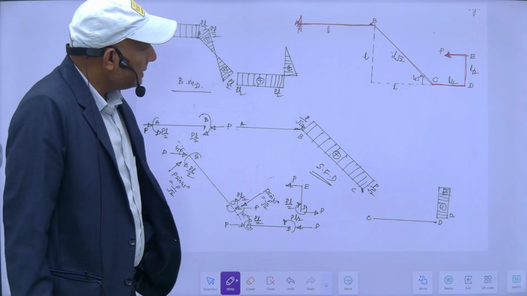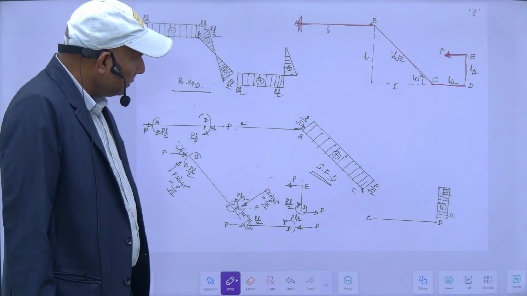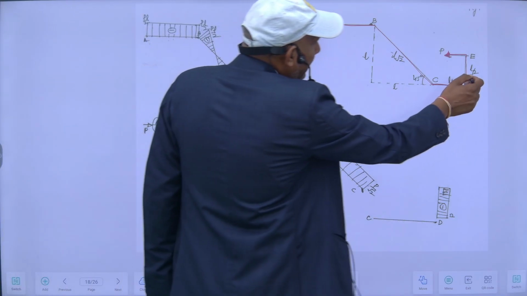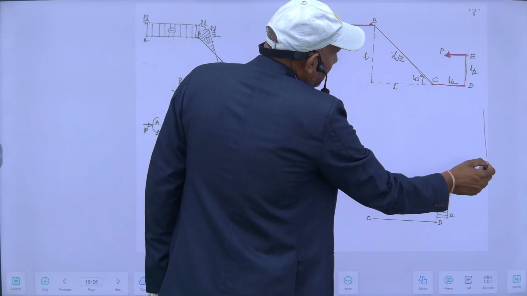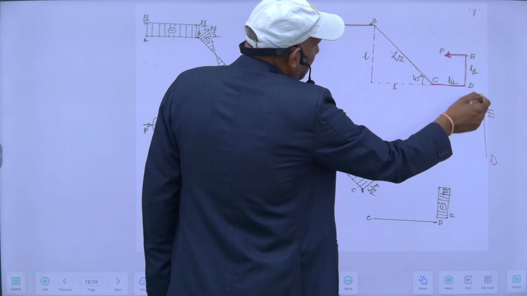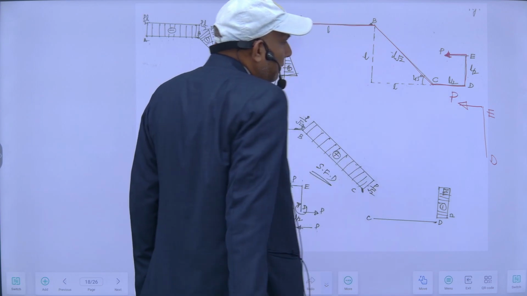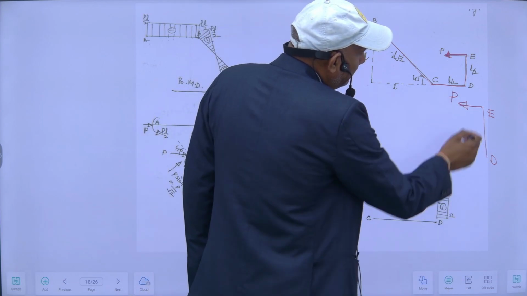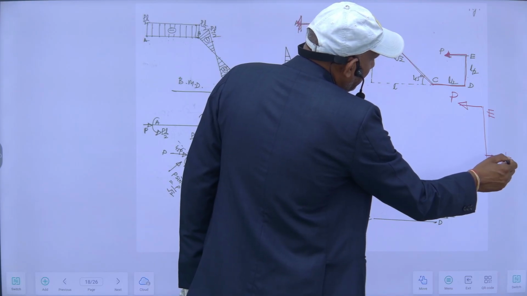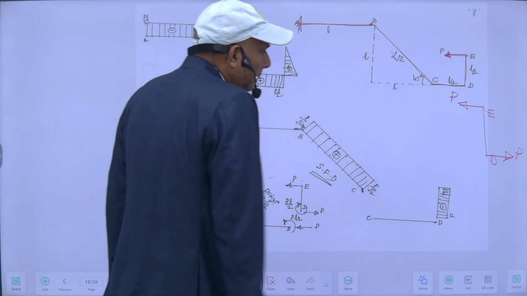So I can draw its free body diagram. Let's start from here. For the DE portion, this is D, this is E. There is a horizontal load of P. So for equilibrium of DE, there must be a horizontal load like this, which is equal to this.